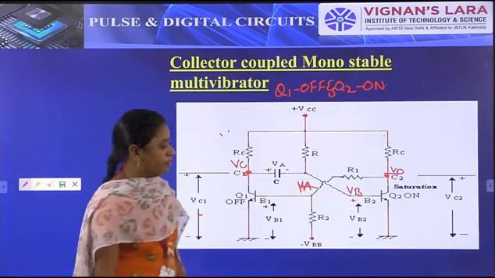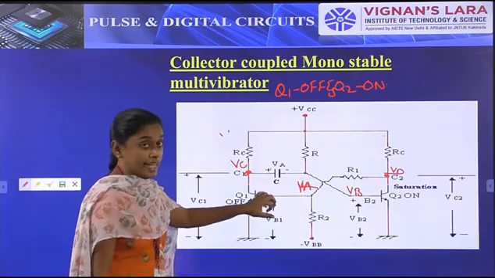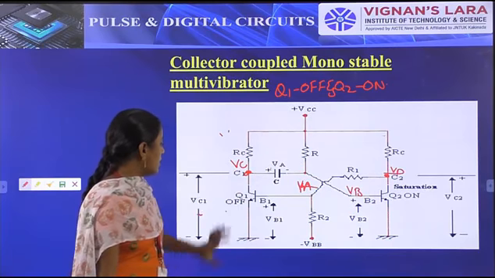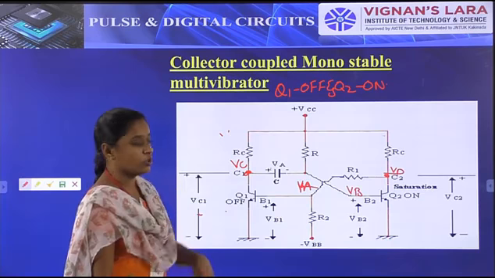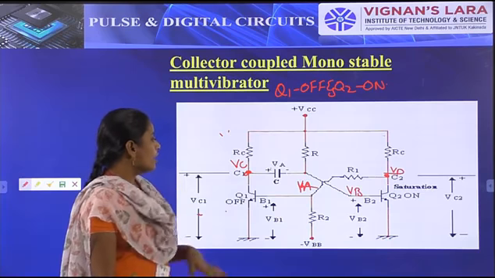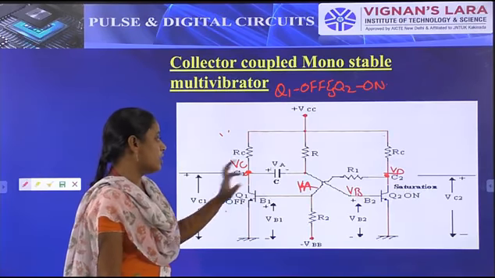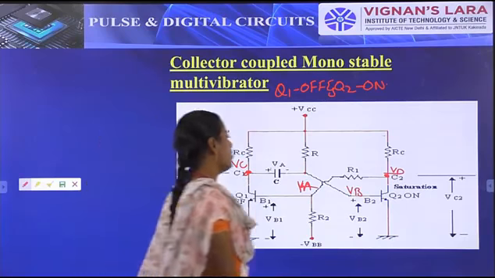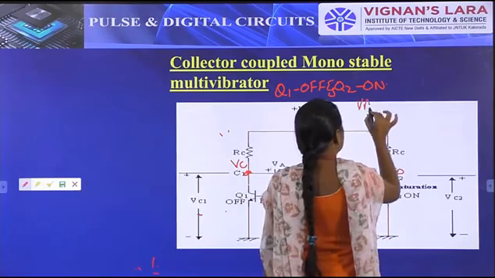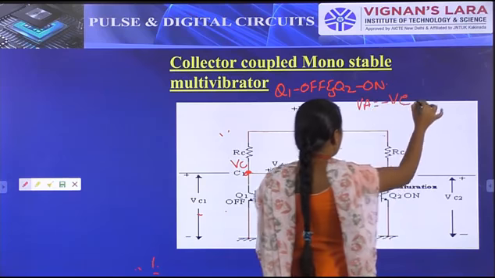Let us assume that transistor Q1 is in off condition and transistor Q2 is in on condition, nothing but it goes to the saturation region. And what are VA, VB, VC and VD? When transistor Q1 is off, obviously the VA voltage will be negative, because we apply the negative biasing here.